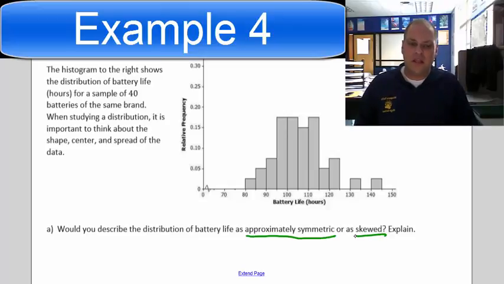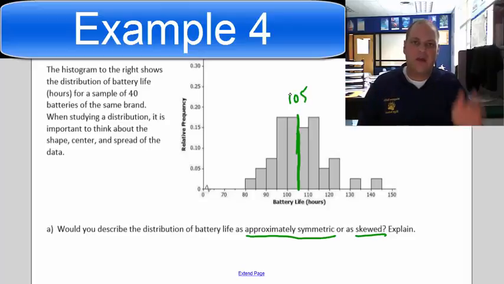So in this one, the center of the data is right around 105, it looks like. So let's just say approximately 105. We're guessing, this is just estimating here. It looks like there's a good amount over here and a good amount over here, a pretty equal amount. So we would call that approximately symmetric.